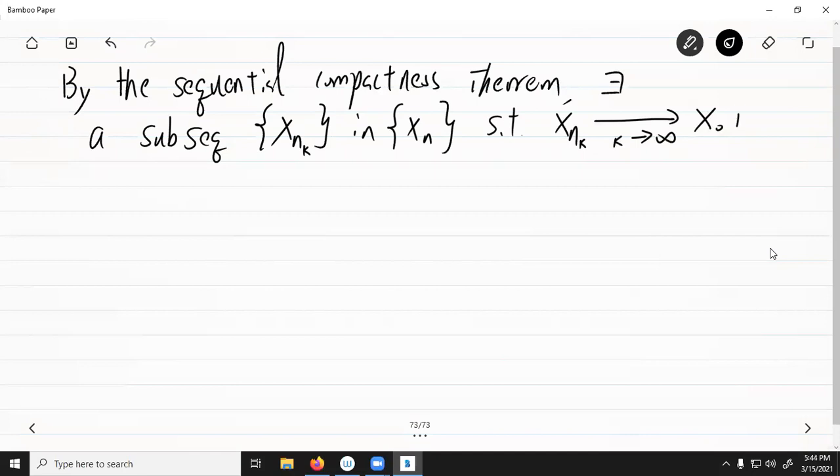And this X0 is inside [A, B]. This is the sequential compactness, right?